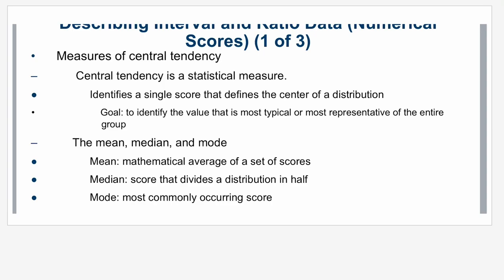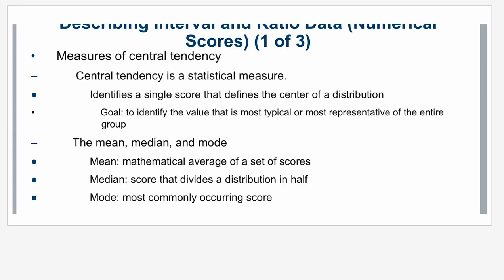But sometimes there are situations where you can't calculate the mean, or the mean isn't representative. Remember, we want it to be the most representative of the entire group, and sometimes it's not. Those cases are when there are extreme scores. Maybe there are a couple of scores that are really, really high, unlike the rest of the distribution, or really, really low, and that throws off your average, right?